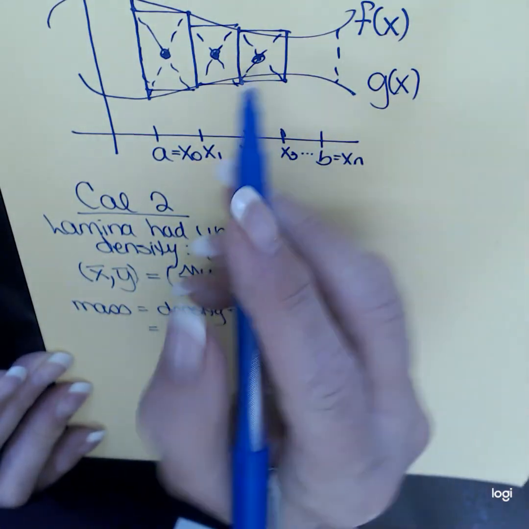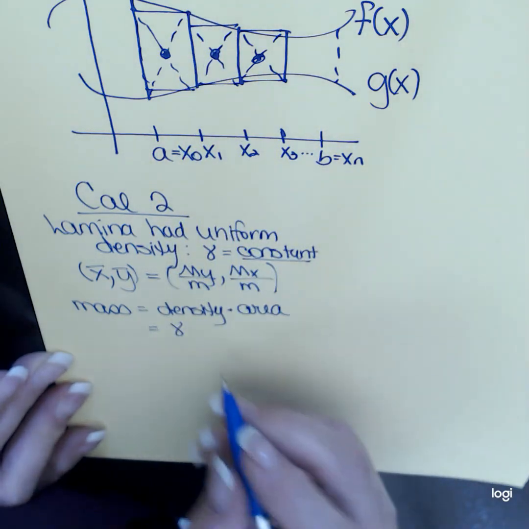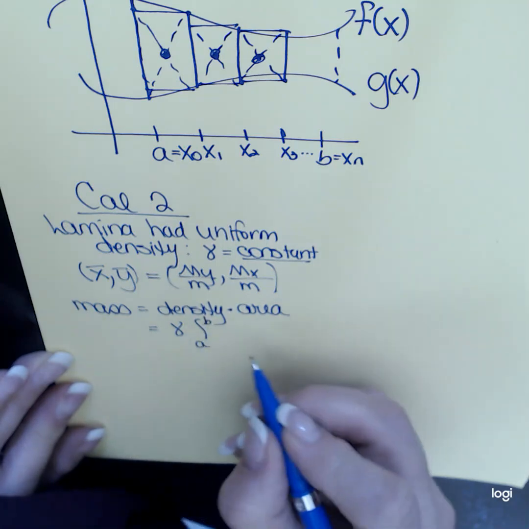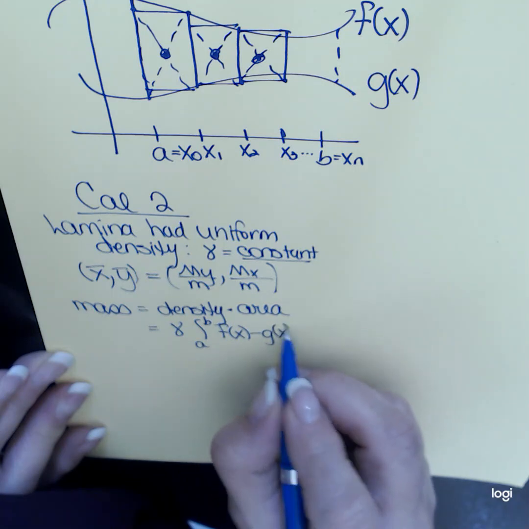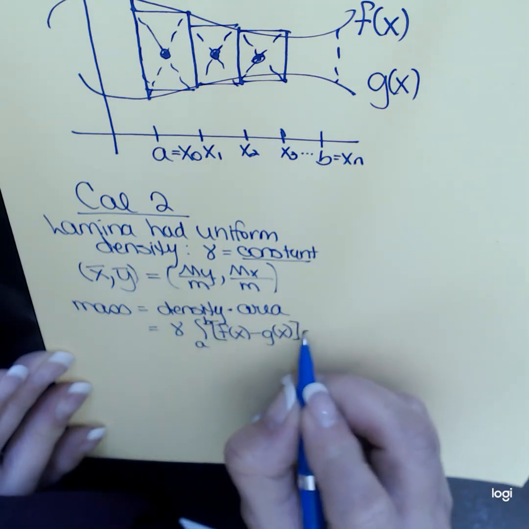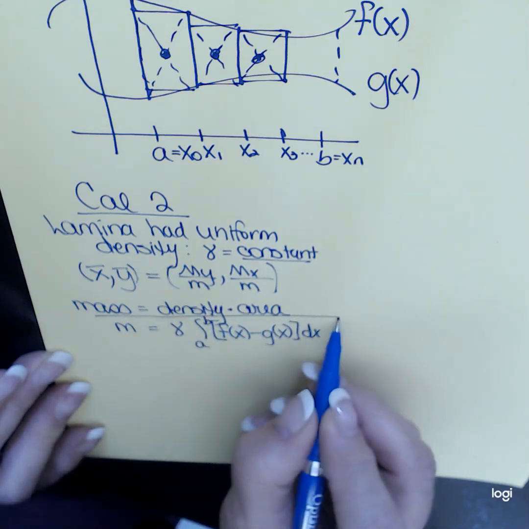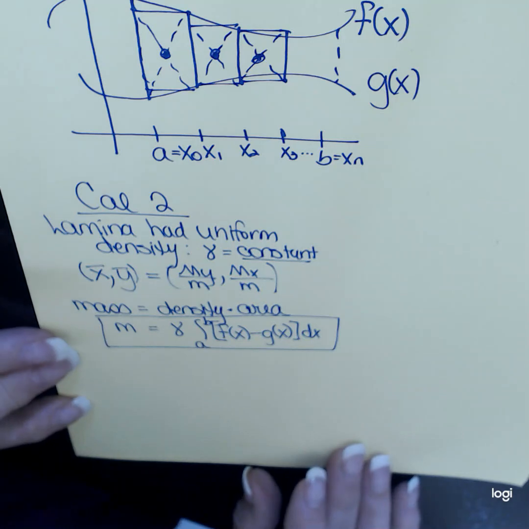As a matter of fact, if you look at the way I've set up these curves, I can clearly pick out a top and a bottom curve, so that the area would be defined as the integral from a to b of f of x minus g of x with respect to x. So using this, we then get the mass of the system.